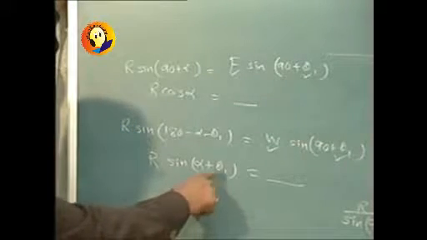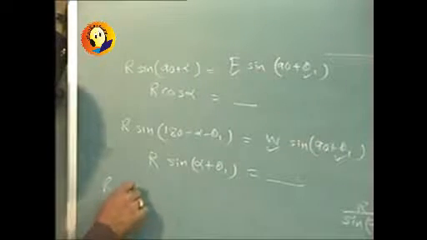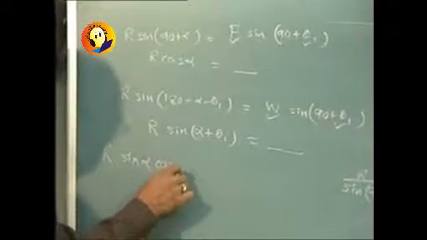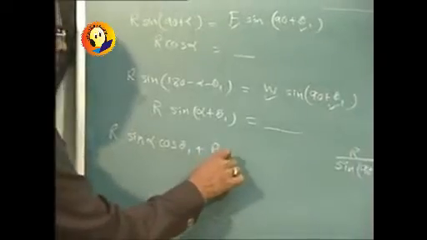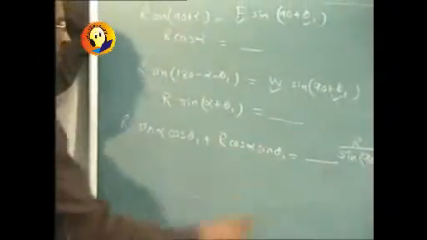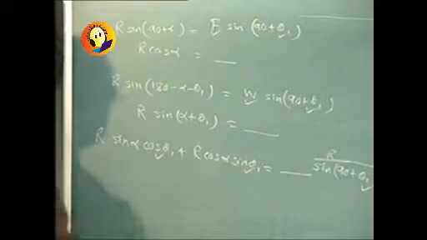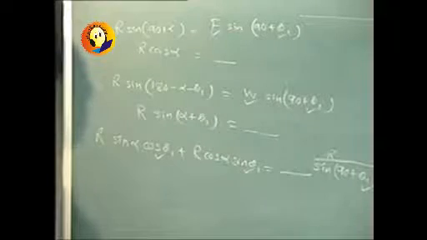Substituting theta 1 over here and expanding, we will get R sin alpha cos theta 1 plus R cos alpha sin theta 1 is equal to this value. Now of course cos theta 1, sin theta 1 are calculated because theta 1 is known to us.